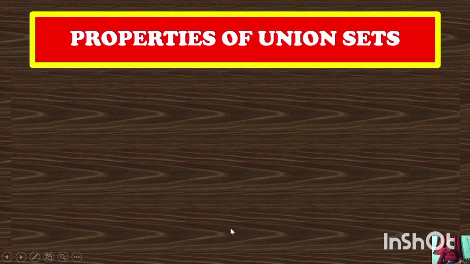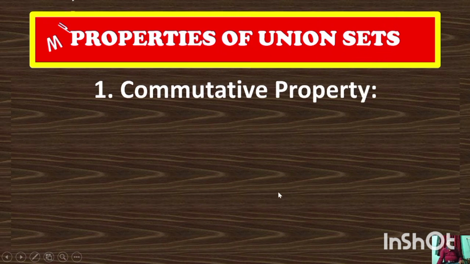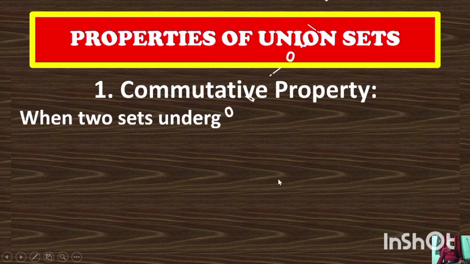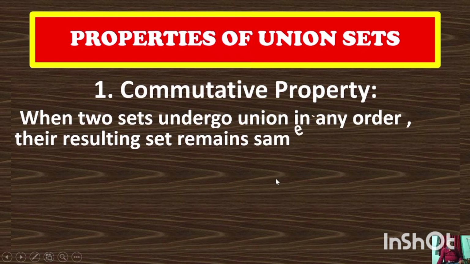Similarly, the properties of union set. What are the properties of union set? The first property is the commutative property. Commutative law. As you know, the commutative law applies to addition and multiplication in algebra, and a similar process can be used in set theory also. We can take the union of two sets in any order.